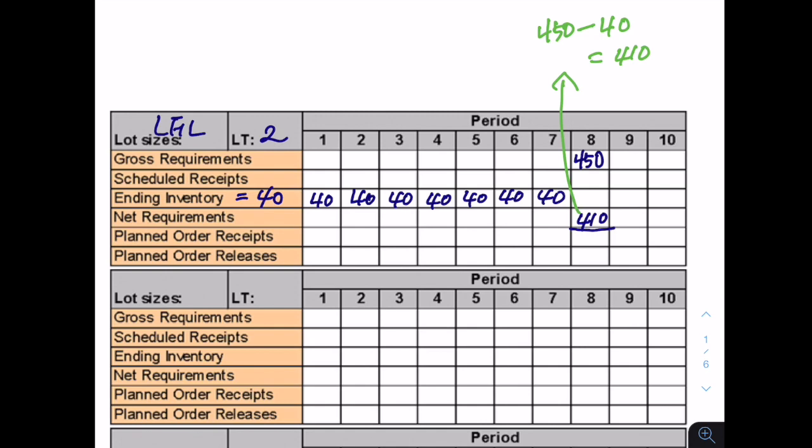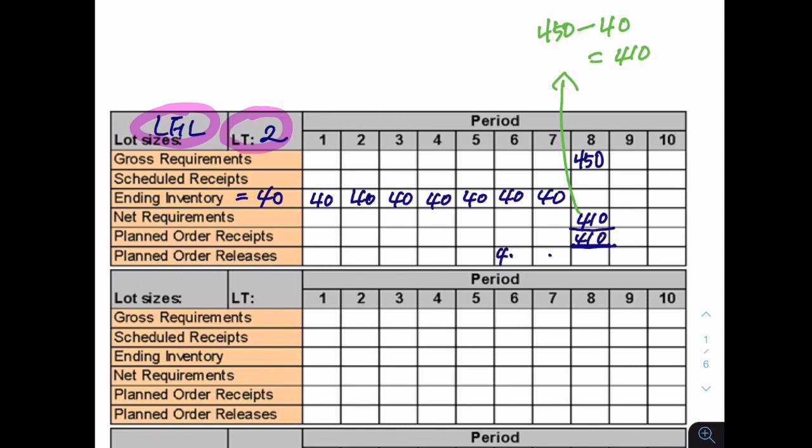Planned order receipt. To fulfill this demand, we need to receive new orders. And at that time, what do we have to check? Lot size. So what is the lot size? Lot for lot. Because it is lot for lot, we can receive exactly the same amount. But to receive this amount, you have to place an order in advance. When? 2 weeks before, because lead time is given as 2 weeks. So let's move 2 weeks: 1, 2.